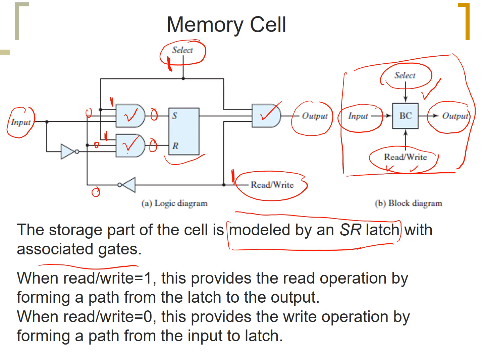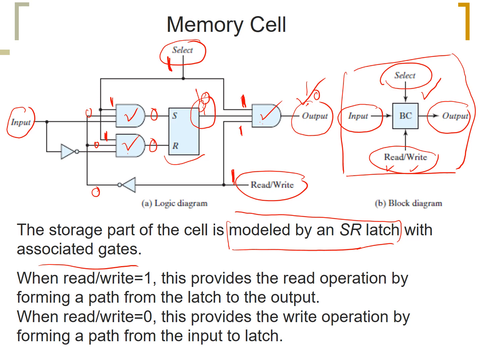This AND gate at the output has one input 1 from select, and one input 1 from read-write, and it has the output of the SR latch. Therefore, whatever the output of the latch is, it will appear at the output of the AND gate. So if this is 0, this will be 0. If this is 1, this will be 1. And in this case, we say that we have read the memory.